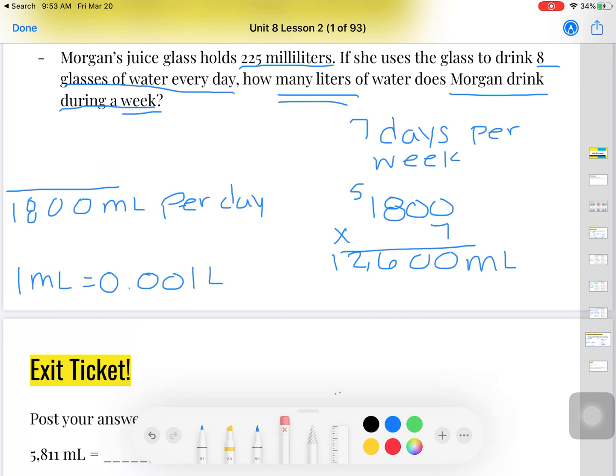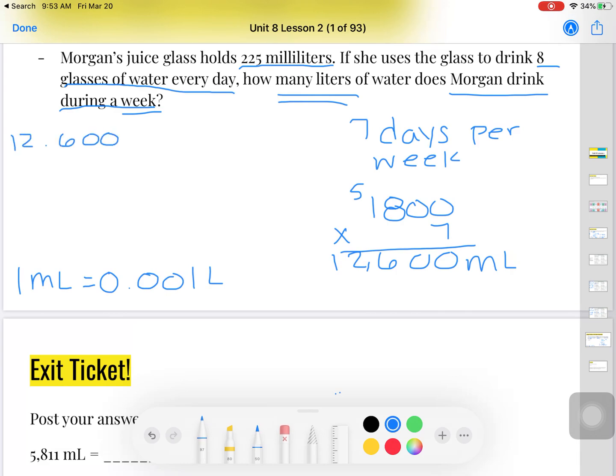Okay, so I'm going to go ahead and erase this. And we have 12,600 times 0.001 or 1/1000, which is 12,600 with 1, 2, 3 decimal places. 1, 2, 3. Therefore, she drinks 126 liters.